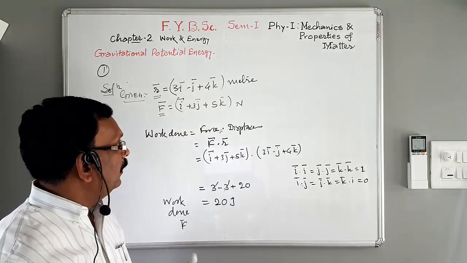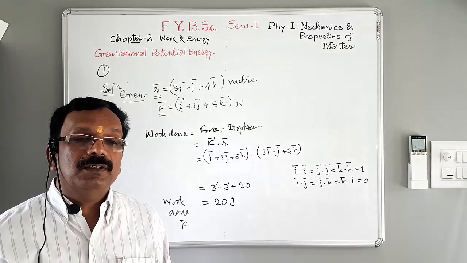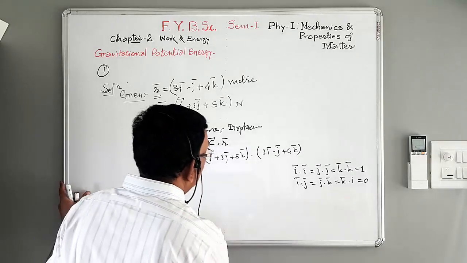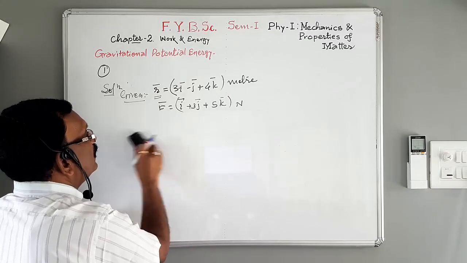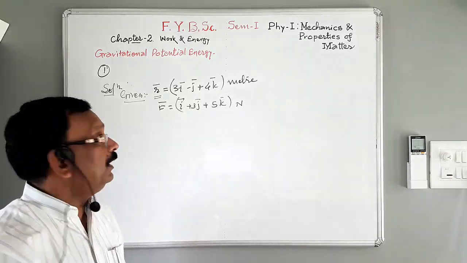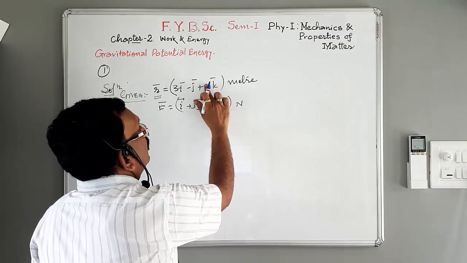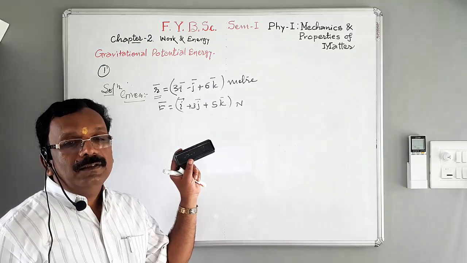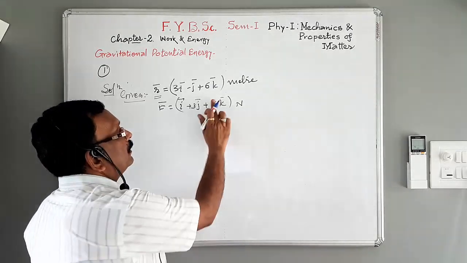Okay. Now I am giving you the same problem for homework, only there is a small change in the values. By using the same method, you can solve this problem. The change is 3i minus j plus 6k, and again i plus 3j plus 2k.